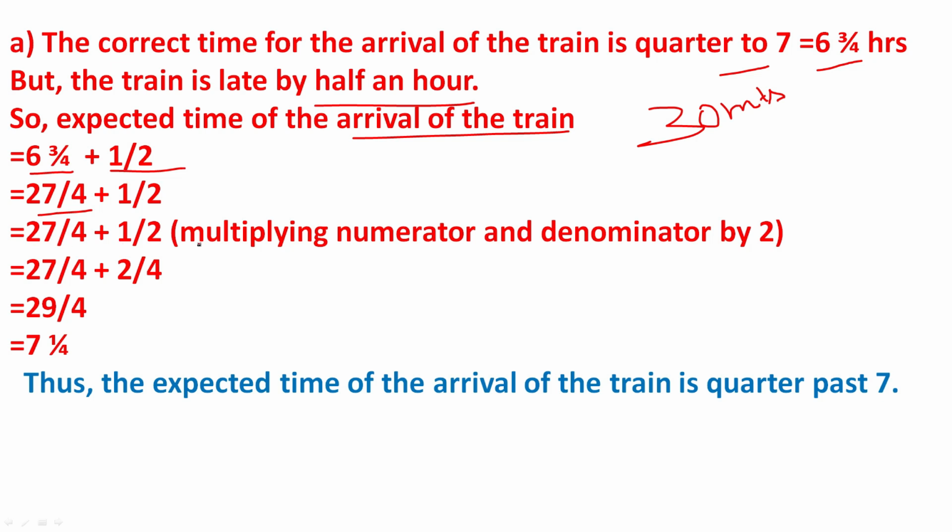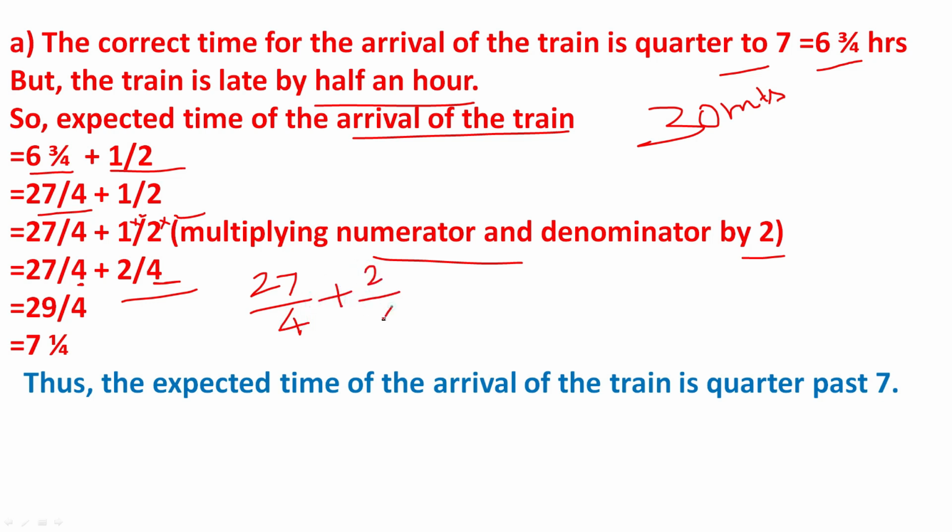Multiplying the numerator and denominator of half by 2, the fraction will become 2/4. Now the denominator is 4 here and 4 here, that means 27/4 plus 2/4.